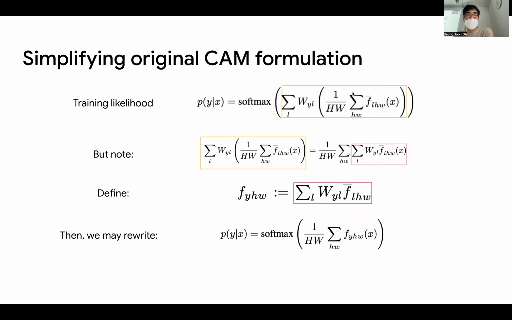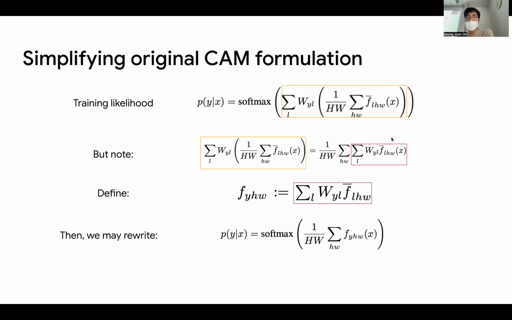So this is how the training likelihood looks like. So you start from this feature map and then do average pooling and then do linear matrix multiplication. But here we note that this global average pooling and this linear multiplication can be swapped because both are linear operations.